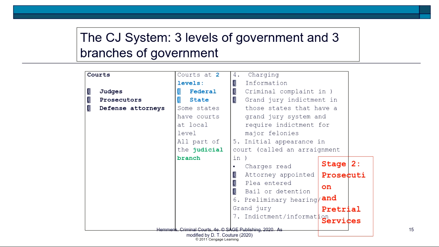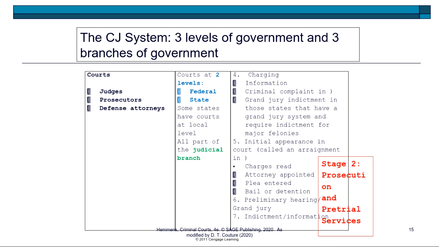In states like Massachusetts, law enforcement are also allowed to make those initial charging decisions. But even then, the prosecutor is responsible for ultimately determining what the charges will be. So once we're at this point, we're in the second stage of the process, prosecution and pretrial services.